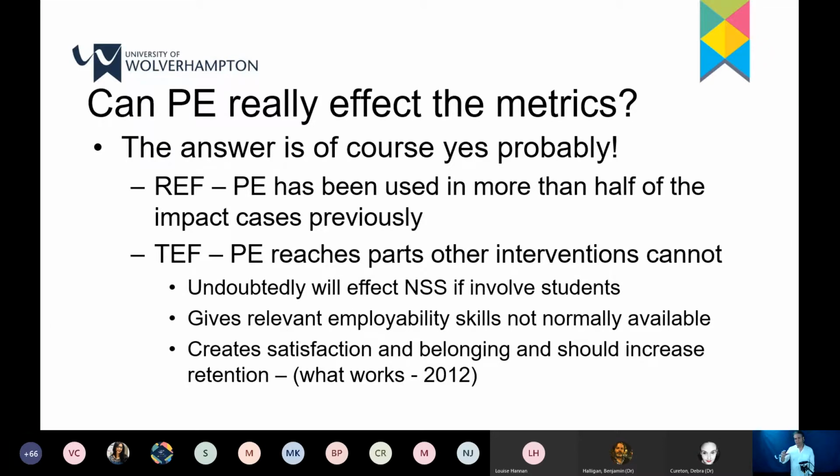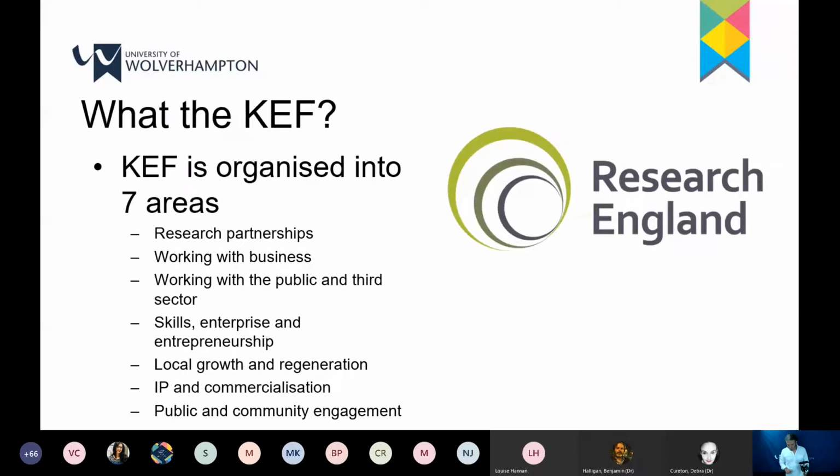And indeed, if we can involve students in outreach as part of their course, as part of their studies, it gives them a greater sense of belonging, and it makes them have better relationships with their lecturers and so on. And actually, if you look at some of the metrics in the Teaching Excellence Framework, you'll see that these things are vitally important to the student experience. And so it can change those things, certainly.